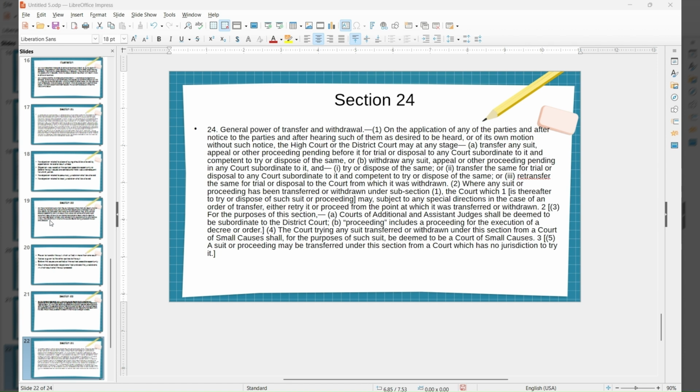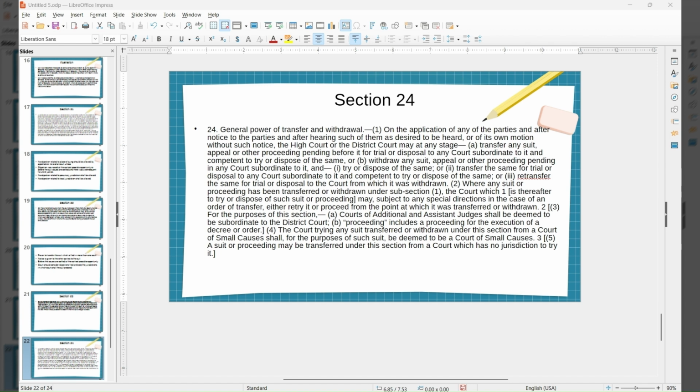This protects the parties from failure of justice due to jurisdictional mistakes. For example, a suit mistakenly filed in a court without pecuniary jurisdiction. The High Court or district court can still transfer it to a proper court.